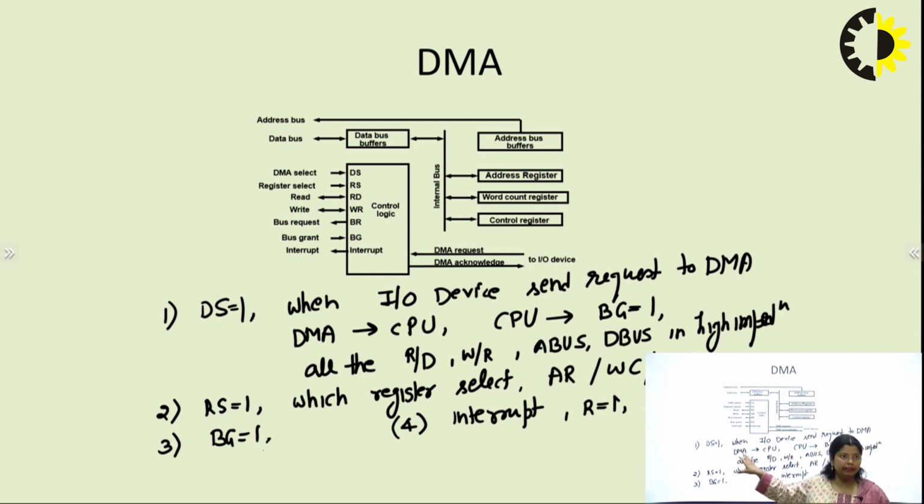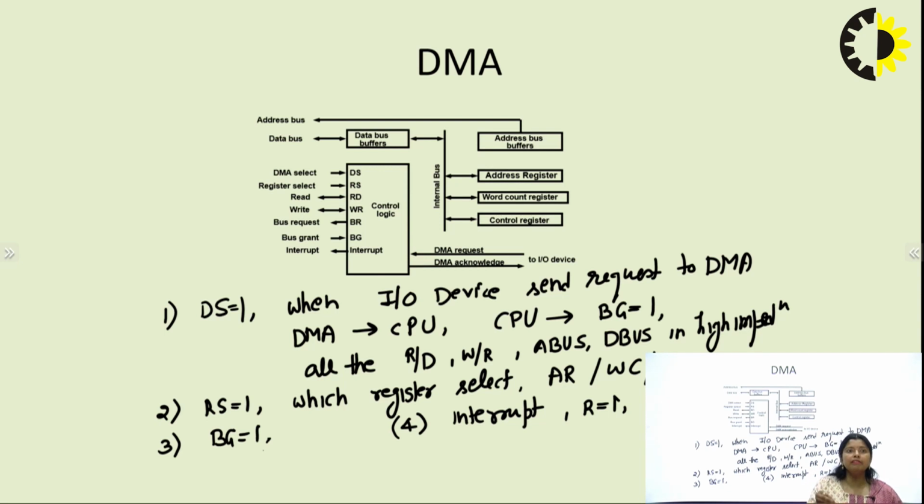So the interrupt value may be 0 or 1, meaning enable or disable. Enable means that we can handle the interrupt. If you are transmitting some data from the IO device to DMA to memory, at that time this cycle is going on, and the IO is waiting for the acknowledgement.